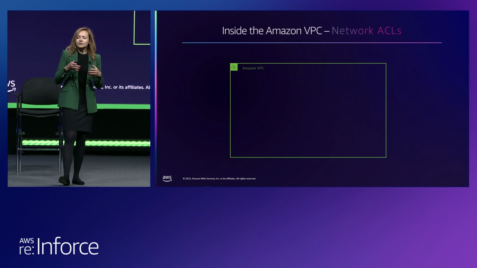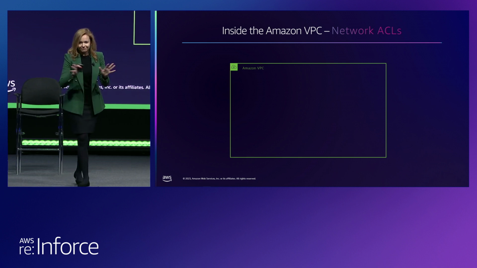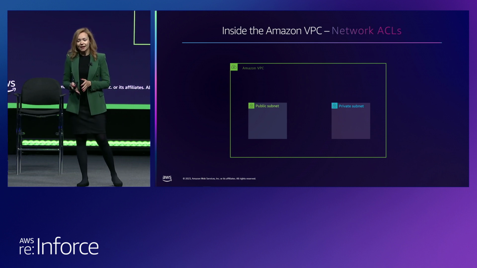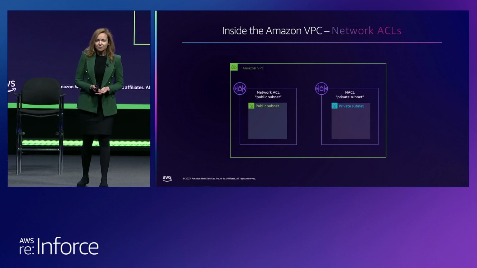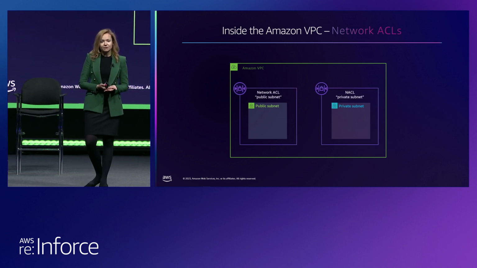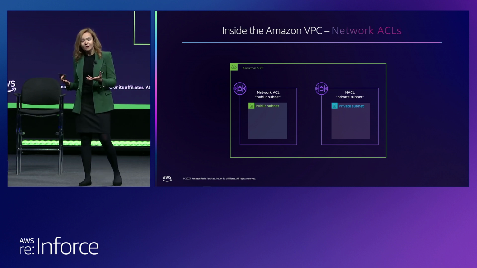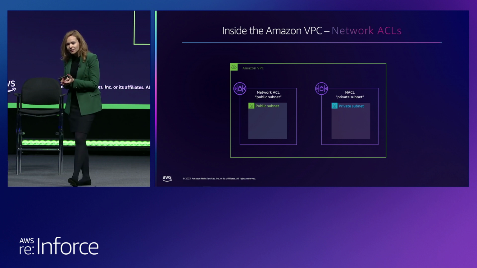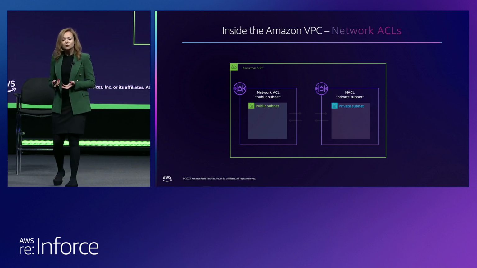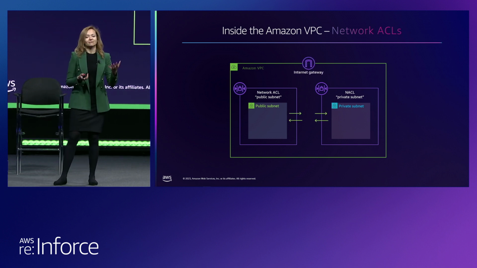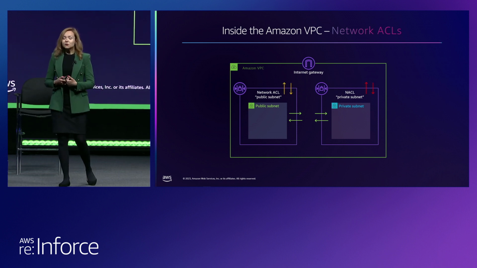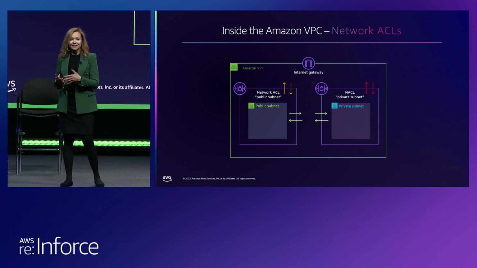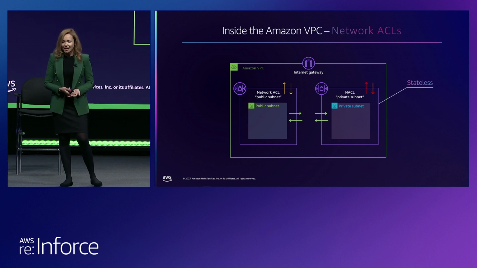Now, if you look closer inside the VPC, I know probably all of you are familiar with network access control lists, right? We have 2 types of subnets that you can deploy in your Amazon VPCs: public subnets and private subnets, and network access control lists live around each of these subnets. And they control access at the subnet level between different resources that are outside of the subnet and the resources inside the subnet.